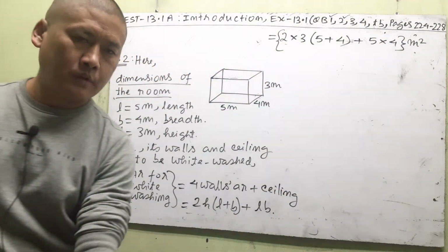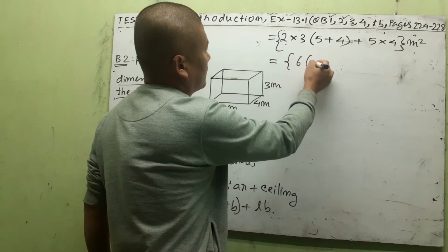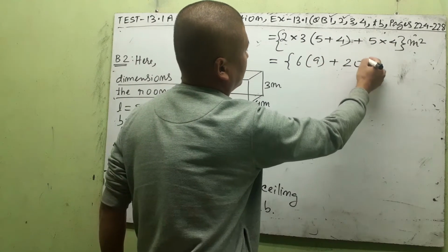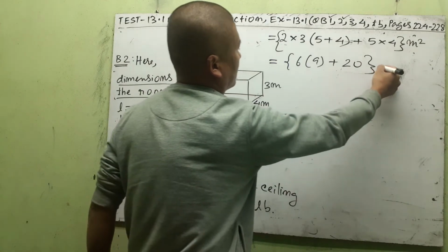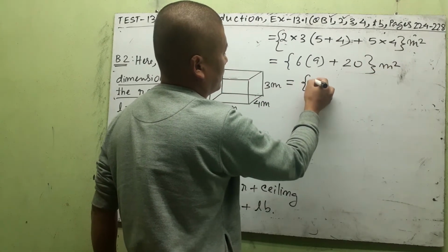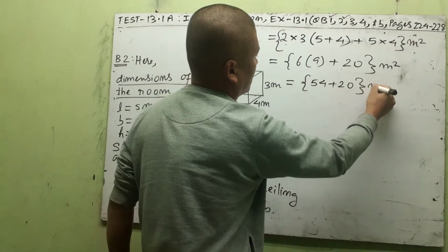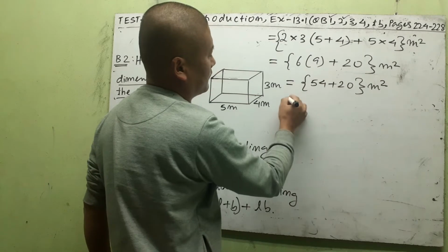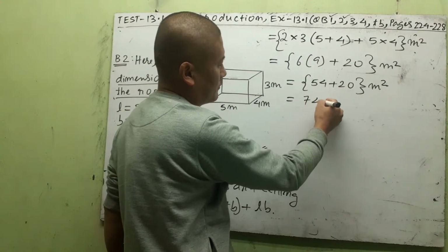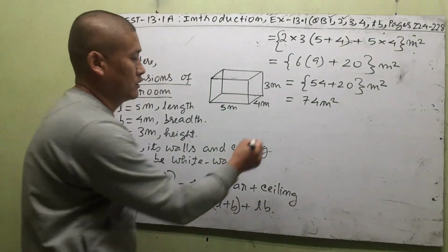Twice, okay, so we have here twice into h is 3 meter into L is 5 plus 4 plus L into B, so 5 into 4. Instead of putting meter here and there, we put a second bracket, and because it's area, you just put meter square once. So 2 3s are 6 and 5 plus 4 is 9, plus 5 4s are 20 meter square. 6 9s are 54, plus 20 is 74 meter square, the total area where we have to do the whitewashing.